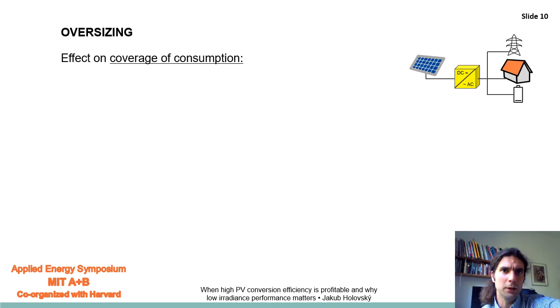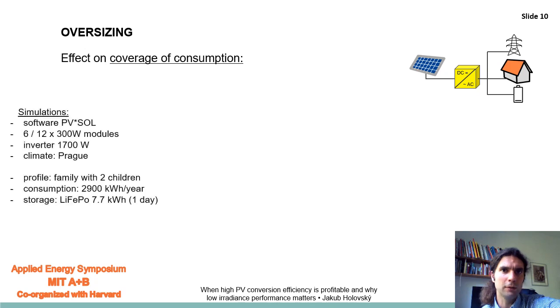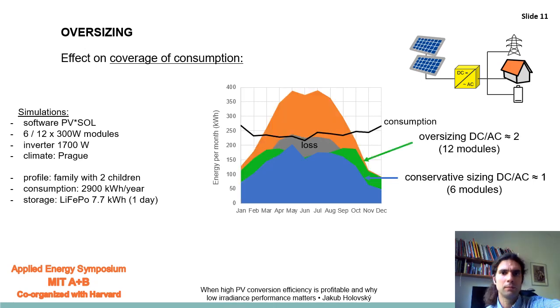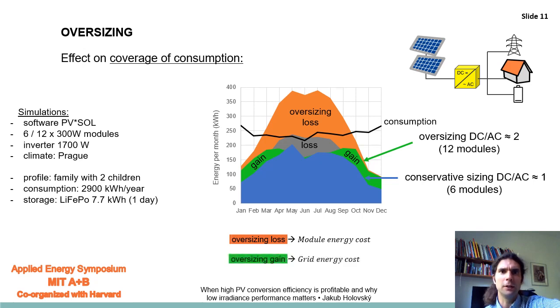Similar analysis can be done for a household system with the aim of maximum coverage of the consumption. Interestingly, the gains are now relatively low compared to previous case. The other difference is that economically gains are as high as the cost of electricity that the household is buying from grid.